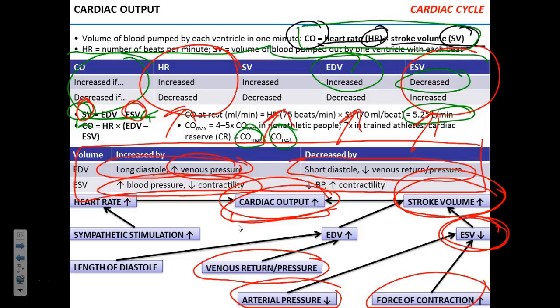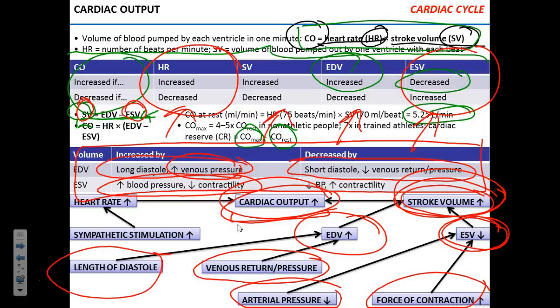The amount of blood that goes back from the veins. When we work out, blood is pushed from the veins into the heart by our muscles. This increases ventricular filling, increases end diastolic volume, increases the stroke volume.